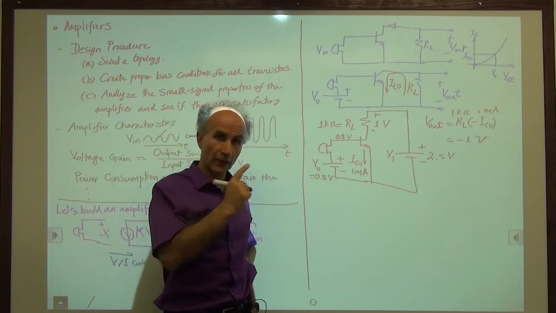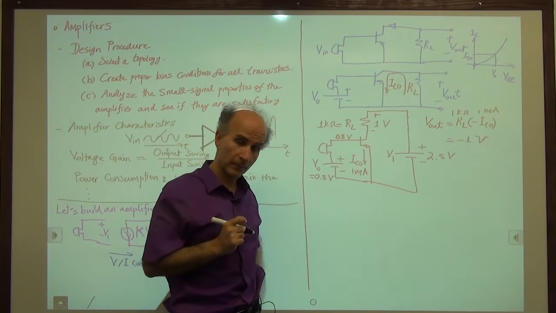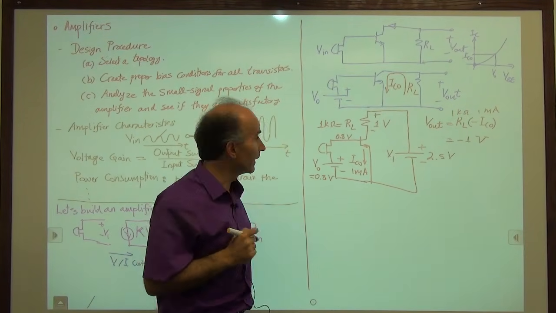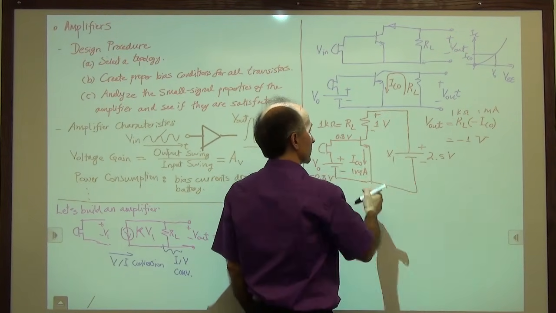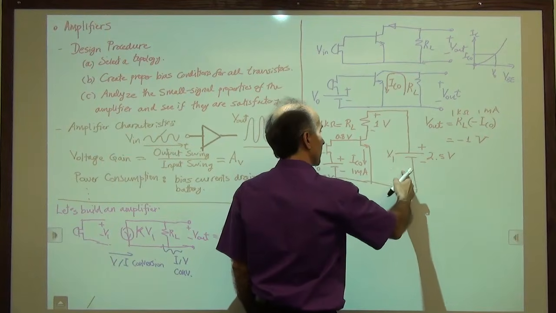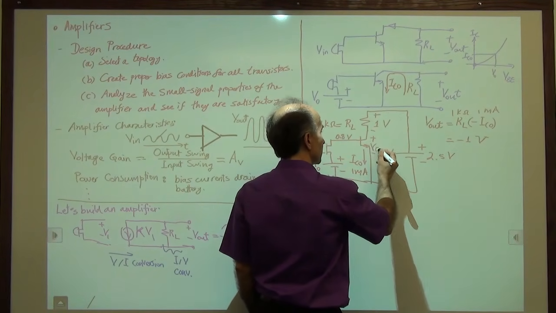Now the question is, under these conditions, is the base collector junction reverse biased? Well, 2.5 volts here, 1 volt here. Can I write a KVL around this loop? So let's call this VCE.